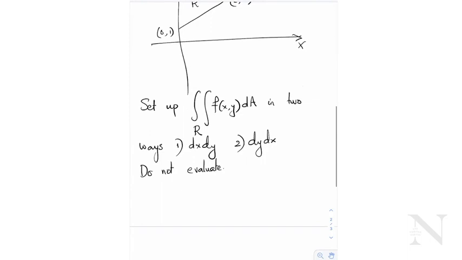At this point, all of you should know that when you write dx dy, it's x first, then y. And x first means that your arrows are going from left to right.